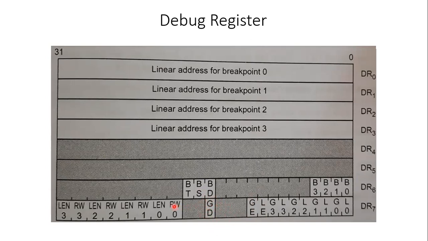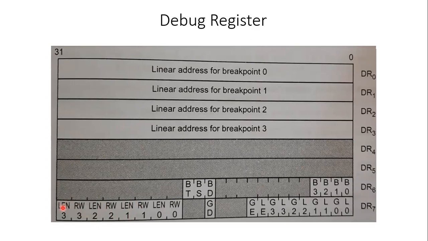And then the last part, RW. Wherever you see RW, that is R0, R1, R2 and R3, it indicates the read write access. And wherever you see LEN, that is LEN0, LEN1, LEN2 and LEN3, it indicates the breakpoint length.